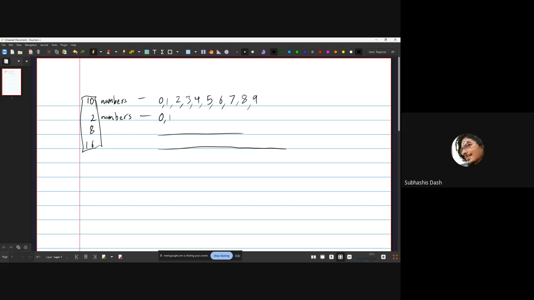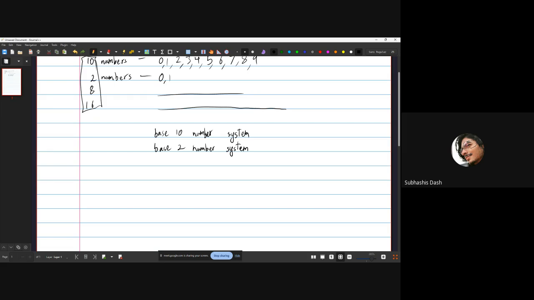The decimal number system is base 10, and binary is a base 2 number system. Octal is base 8, hexadecimal is base 16. You can have some odd base systems as well, such as the base 7 number system.